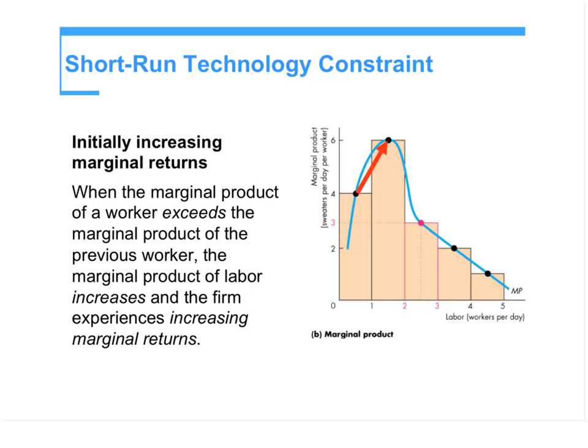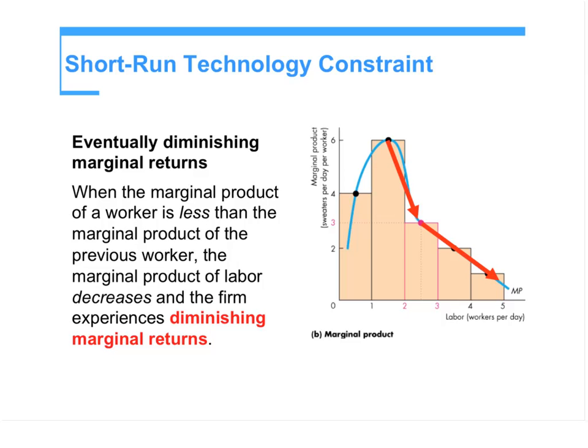So the way we look at it is, we look at the marginal product. We want to make sure the marginal product of the next worker, the increase that they add, is more than the previous one. Until we have that, we are okay. So we have increasing marginal returns.